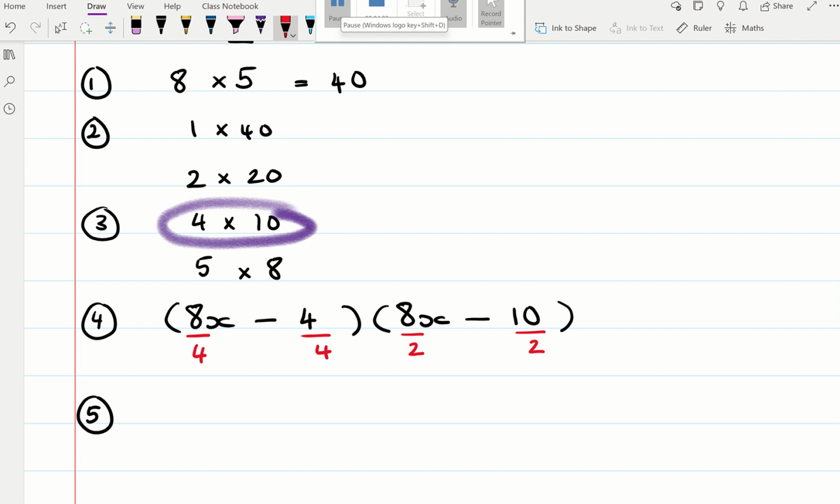As long as each bracket is divided by one number. So this bracket, both parts are divided by 4, and this bracket, both parts divide by 2. Your final answer is 2x minus 1. 8 divided by 4 is 2, 4 divided by 4 is 1, and it is 4x minus 5.